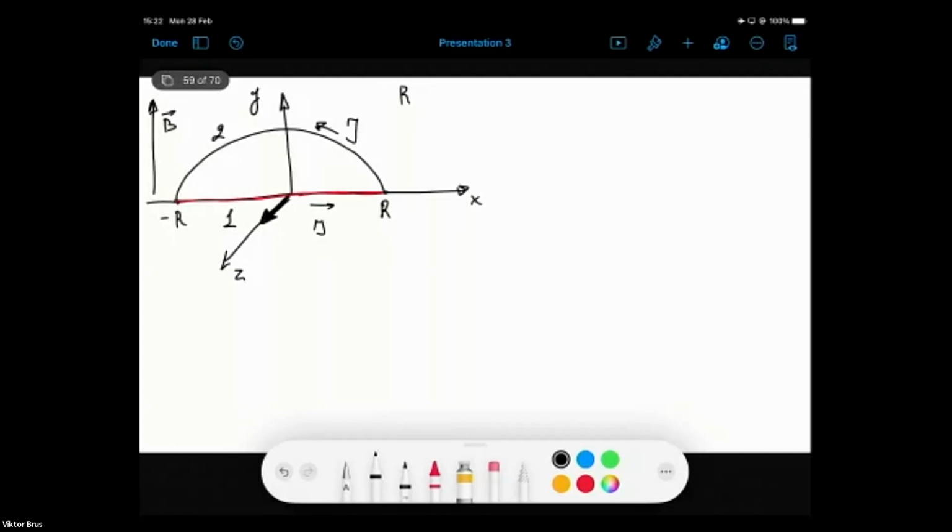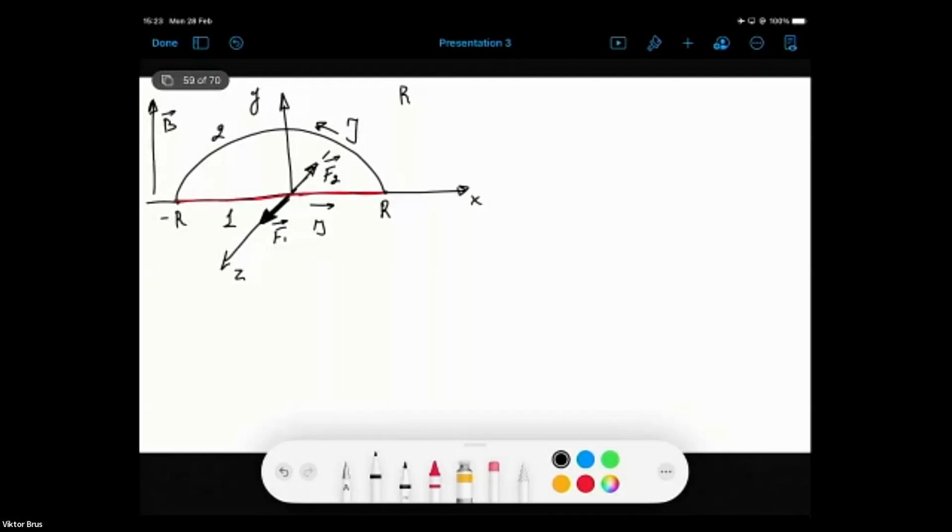So this will be F1. If we repeat the same procedure for part of the loop, conductor number 2, we will see that the force F2, which is exerted on segment 2, will be in the opposite direction. So that will be the F2 vector.